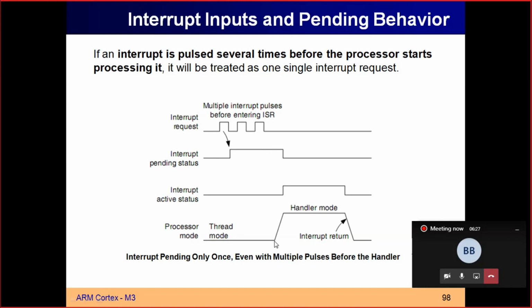After some time, the ISR will start executing. But before starting the ISR, it has been pulsed several times. So what will happen? It will be taken only as a single interrupt. Even though it has pulsed several times before starting the ISR, it will be considered as a single interrupt, because it is pulsed before starting the ISR, so it will be pended only once.